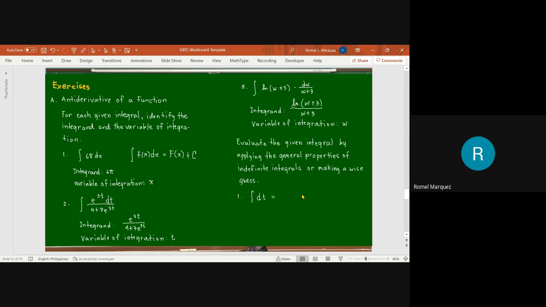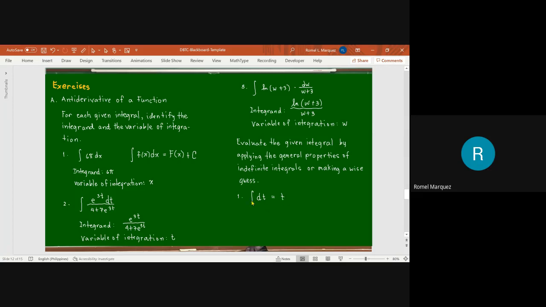It is equal to t, because the derivative of t is 1, then plus c. The integrand here is 1, because that is the quantity multiplied to dt. So t plus c, okay?